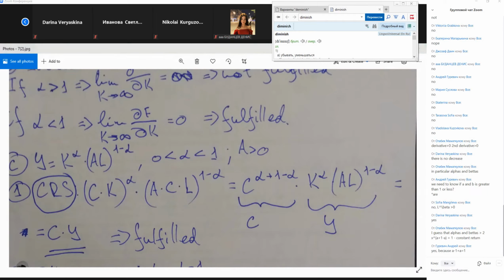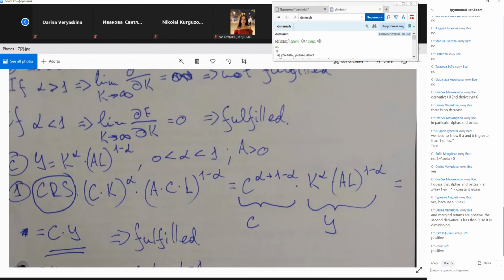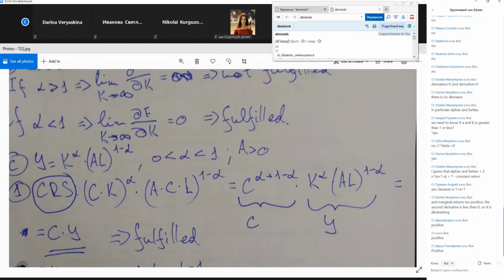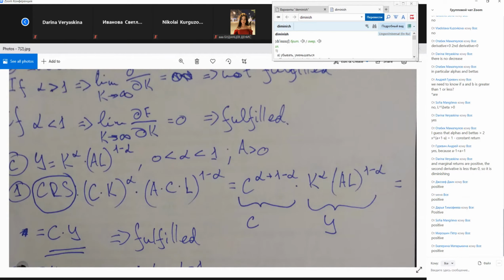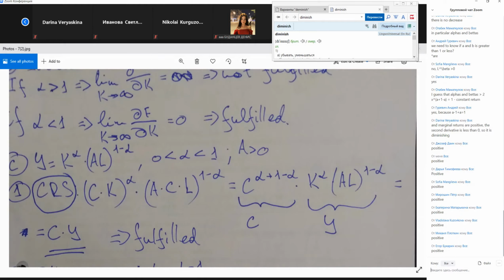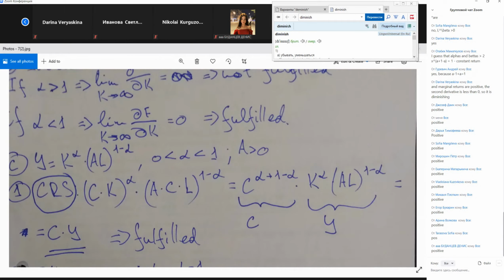So what about marginal returns? All right, marginal returns are positive. That's the correct answer.